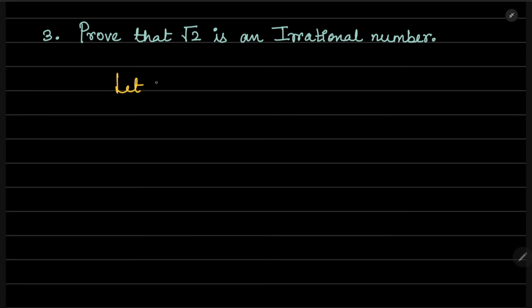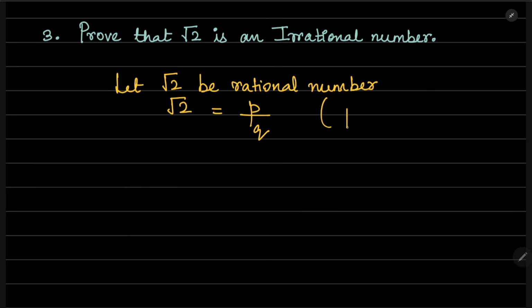Let root 2 be a rational number. We are assuming it as a contradiction statement. If it is a rational number, root 2 can be written in the form of P by Q. Here you have to make sure that you write P and Q are co-prime numbers, where Q is not equal to 0.